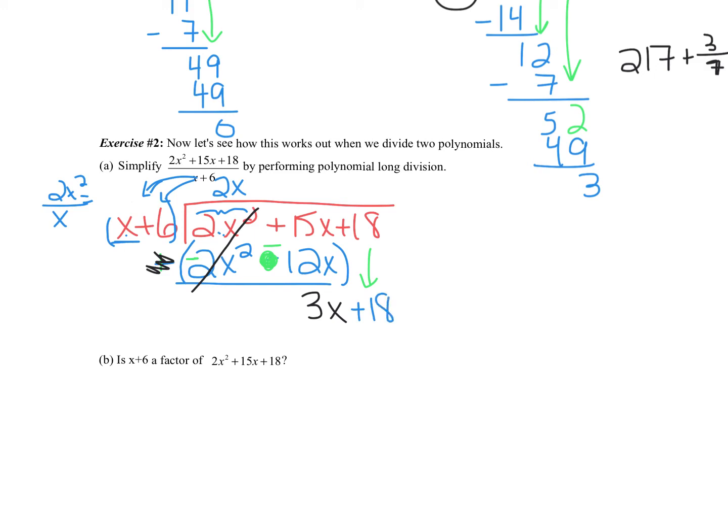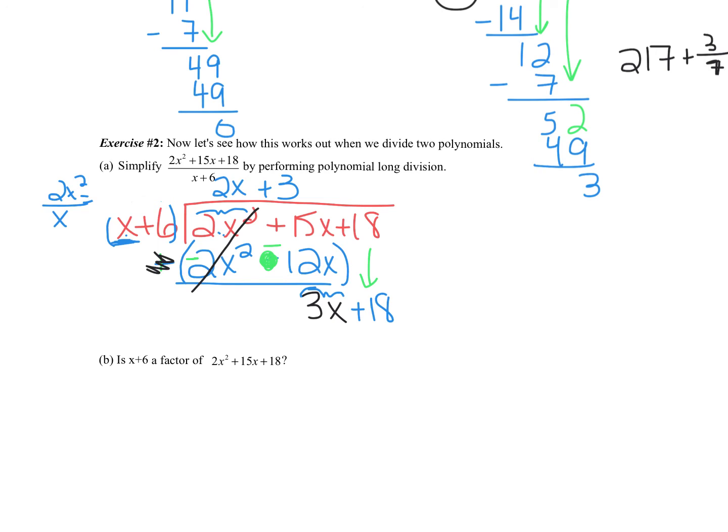And then I start the process over again. So now I'm saying how many times does x go into 3x? So x goes into 3x 3 times. If I did 3x divided by x, I would get 3. So up here I'm going to write plus 3, and then I'm going to distribute. So I'll erase these other arrows. Now I am distributing my 3 to the x plus 6.